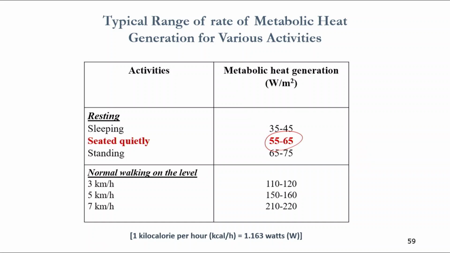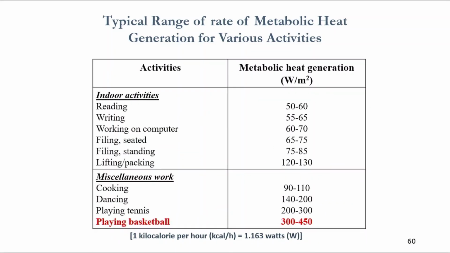As we increase our movement, say in normal walking, our metabolic heat generation will keep on increasing. While playing basketball, we have 300 to 450 watt per square meter.